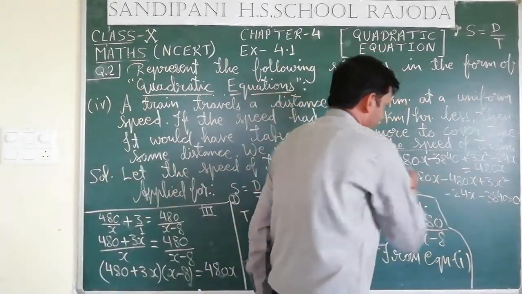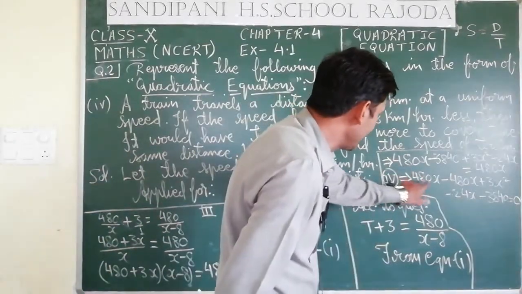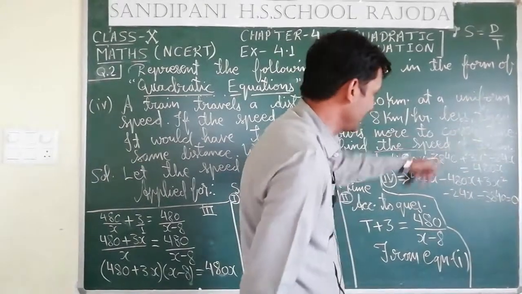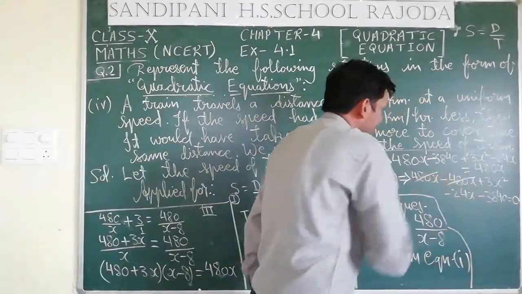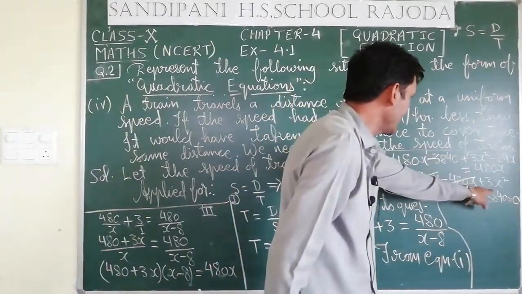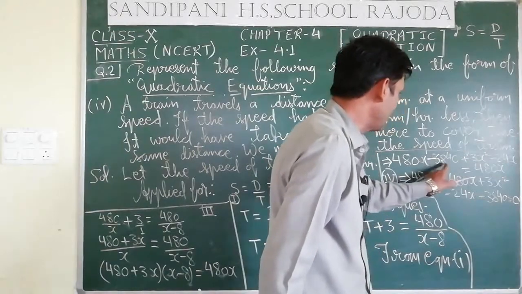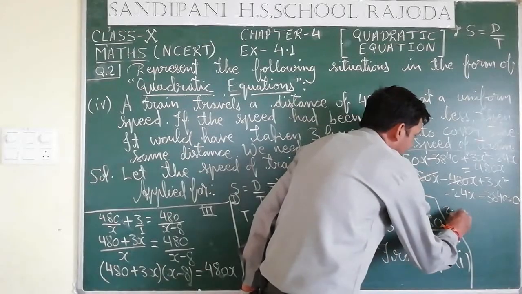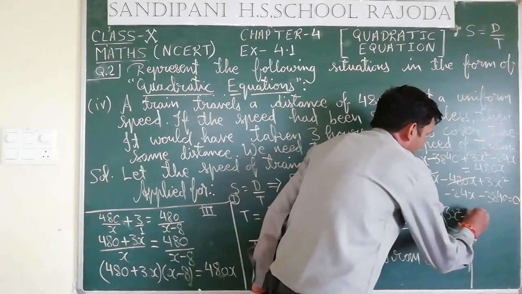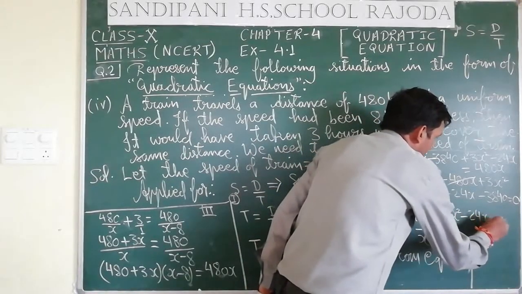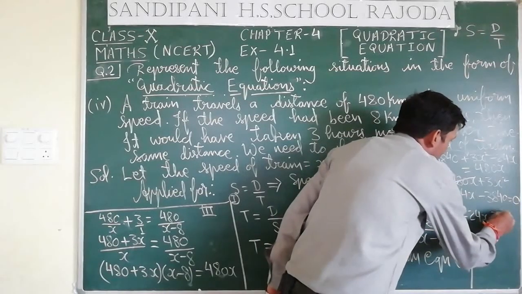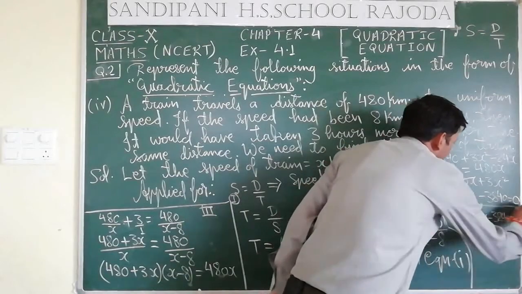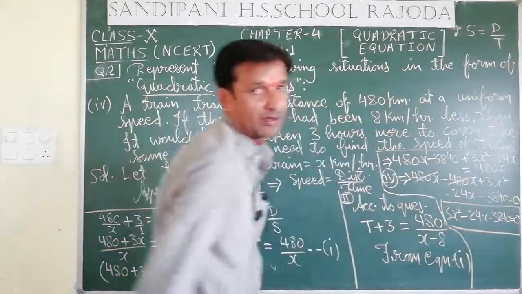This is first step. Here it is 480x minus 480x. It is transposed from RHS to LHS. So this 480x will be cancelled. Plus 3x square minus 24x and minus 3840 is equal to 0. So clearly the equation is 3x square minus 24x minus 3840 is equal to 0. This is only the required quadratic equation. It is over.